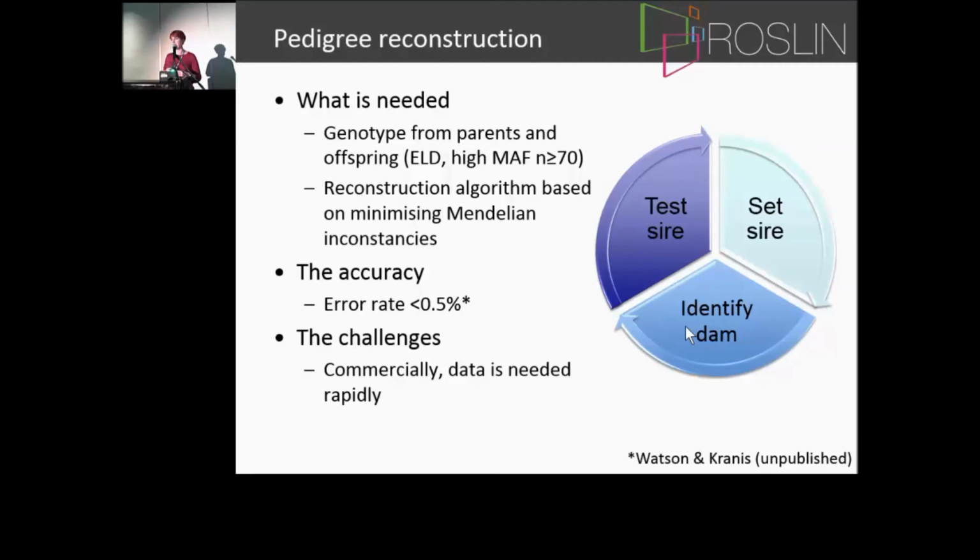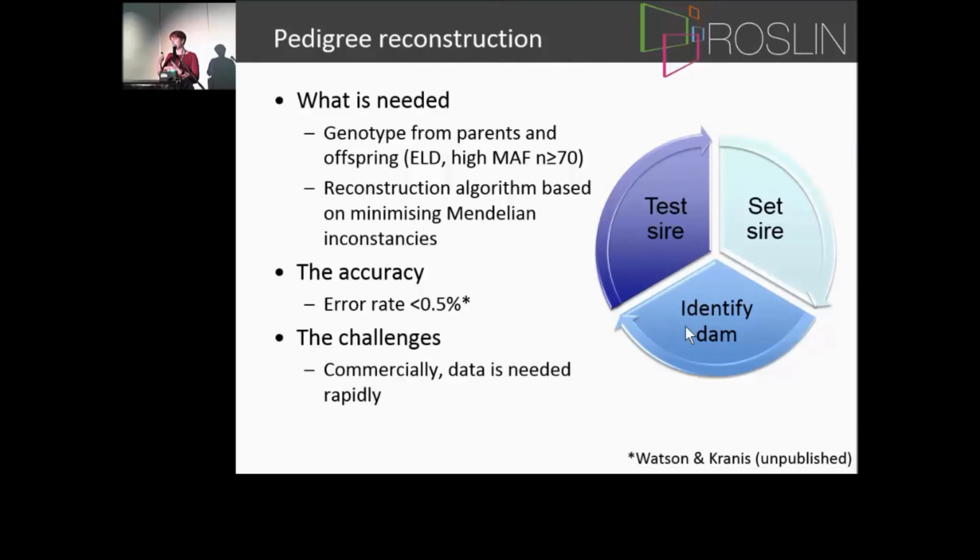The algorithm is based on minimizing the Mendelian inconsistencies between parent and offspring in the parent-offspring trio. Essentially, we first set the male to minimize those Mendelian inconsistencies. We use the male because there are fewer males, and so our chance of getting it right first time is much improved.